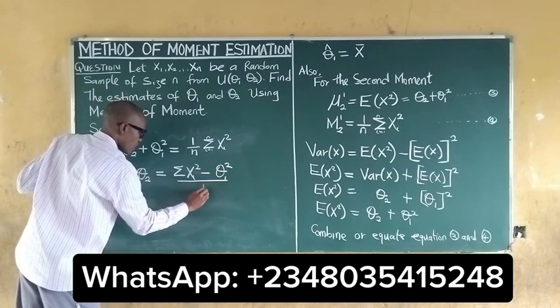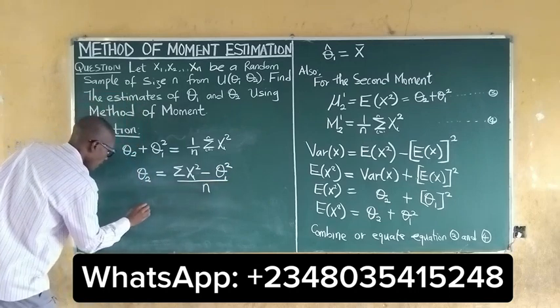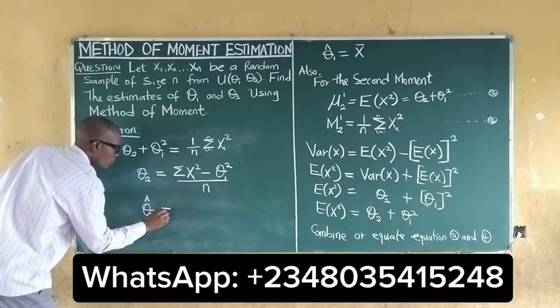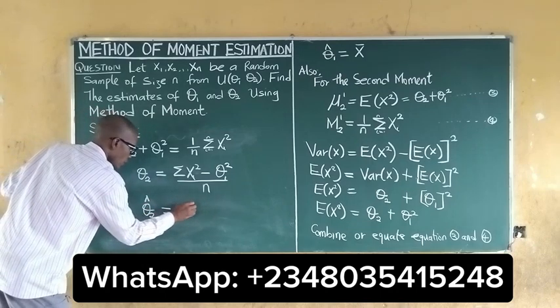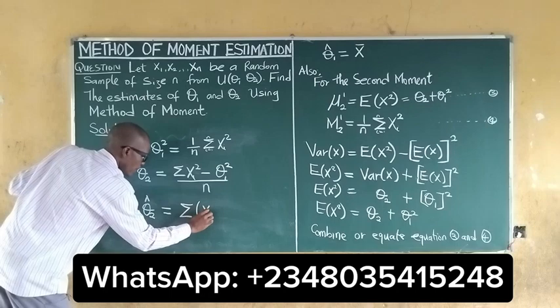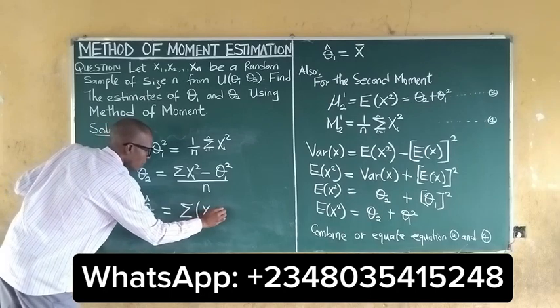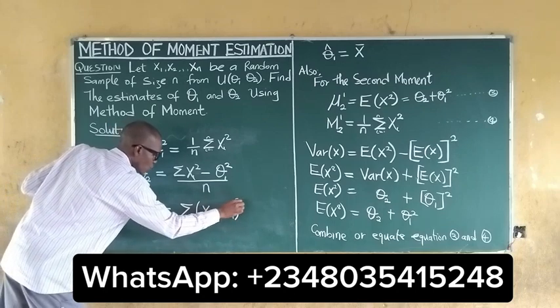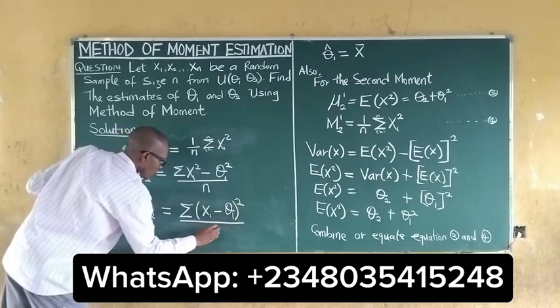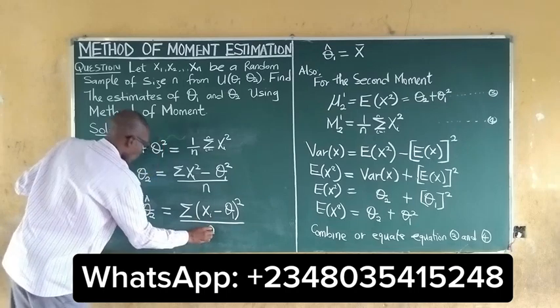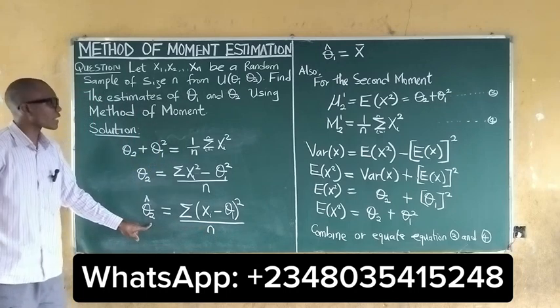It then means that our theta 2 estimate will be equal to the summation of xi minus theta 1 all squared, all over n. So this is the estimate for theta 2.